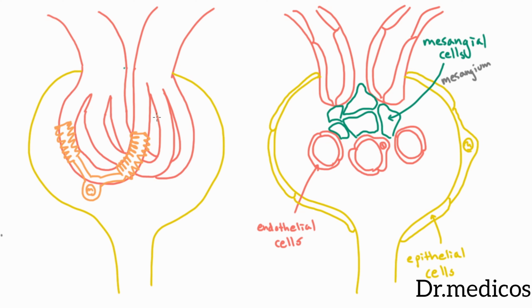And what's really cool about these guys is that there's multiple of these cells covering one glomerulus. So let's draw another one over here. Here's another cell body. And what's really cool is that they may actually reach out and intertwine their fingers. So here's another arm, and I'm showing that the fingers from this arm are intertwining with the fingers from this arm to help cover the whole glomerulus.